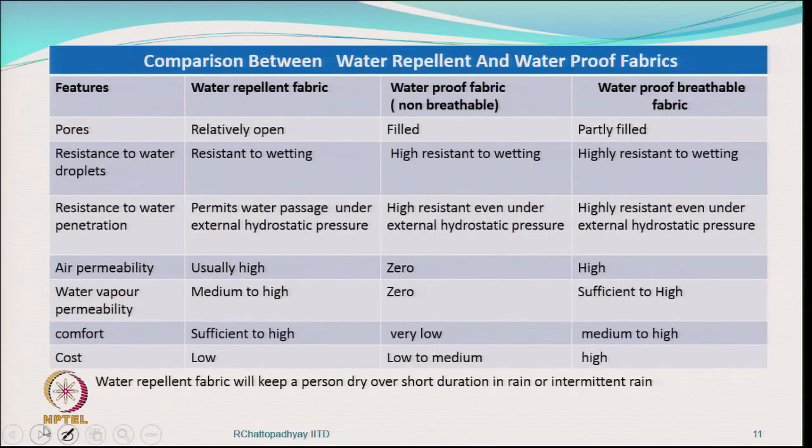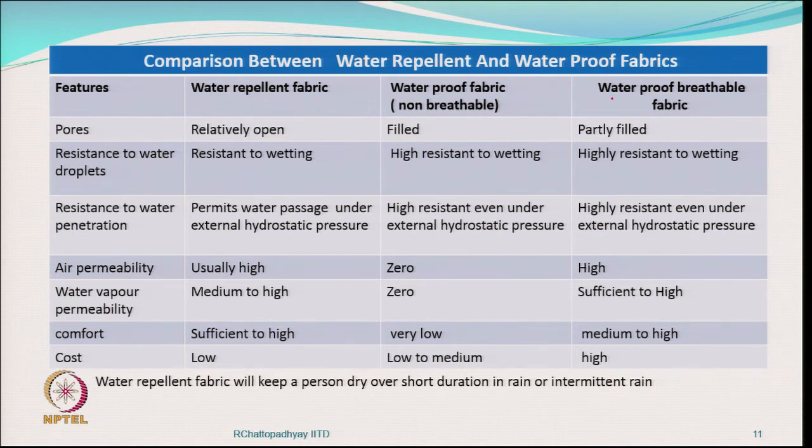The other important thing is water repellent and waterproof fabrics. There is great demand for such types of fabrics. So, we should have some idea about water repellent fabrics, waterproof fabrics and waterproof and breathable fabrics.